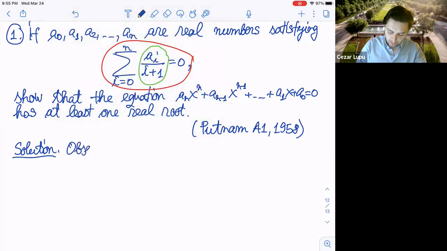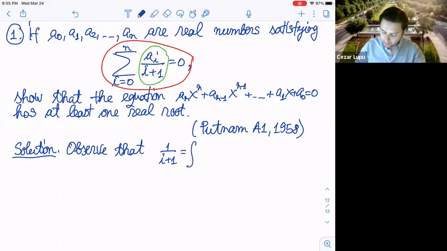Observe that this guy here, 1 over i plus 1, is nothing else than just the integral from 0 to 1 of x to the power i dx, right? So the antiderivative is x to the power i plus 1 over i plus 1 from 0 to 1, which is nothing else than 1 over i plus 1. Great.